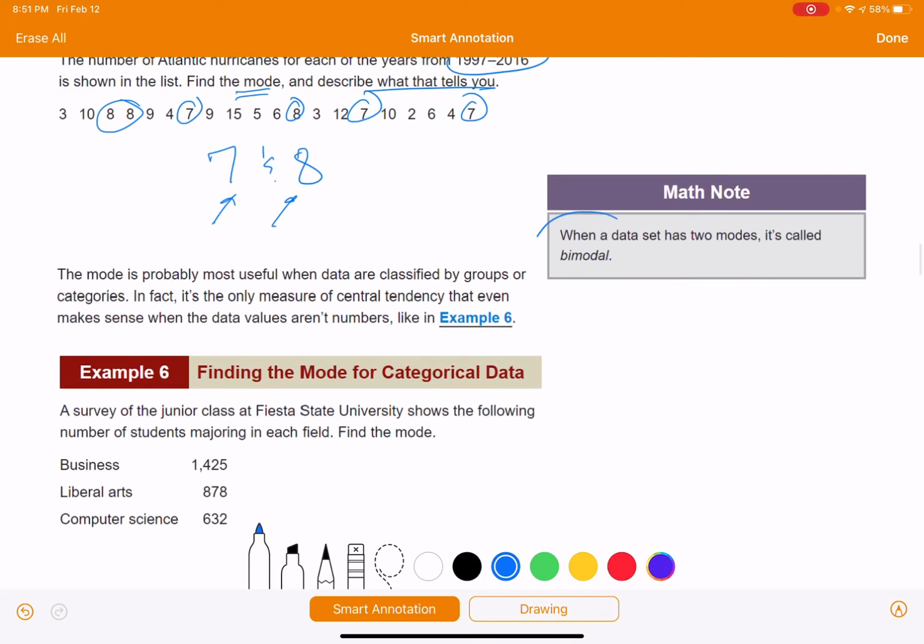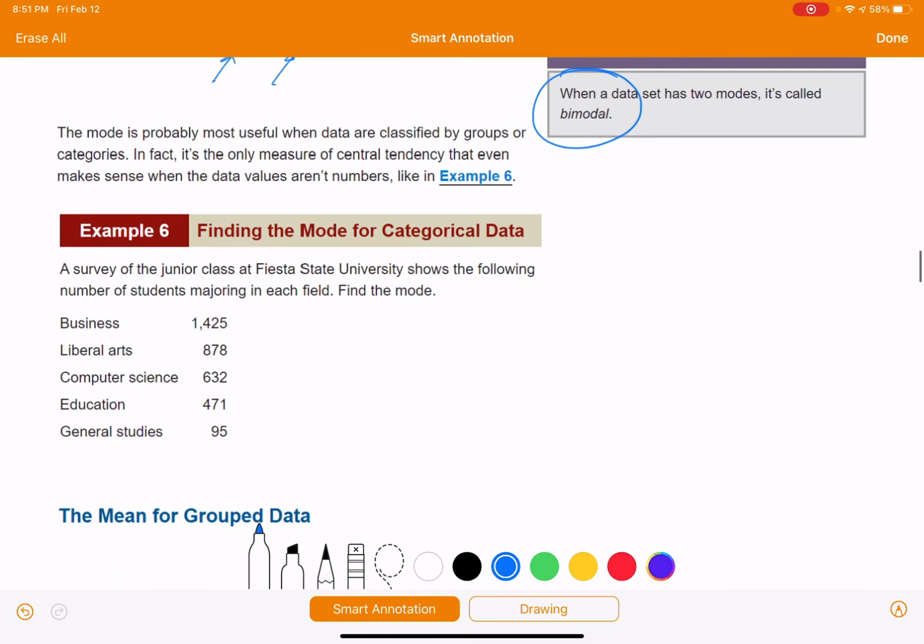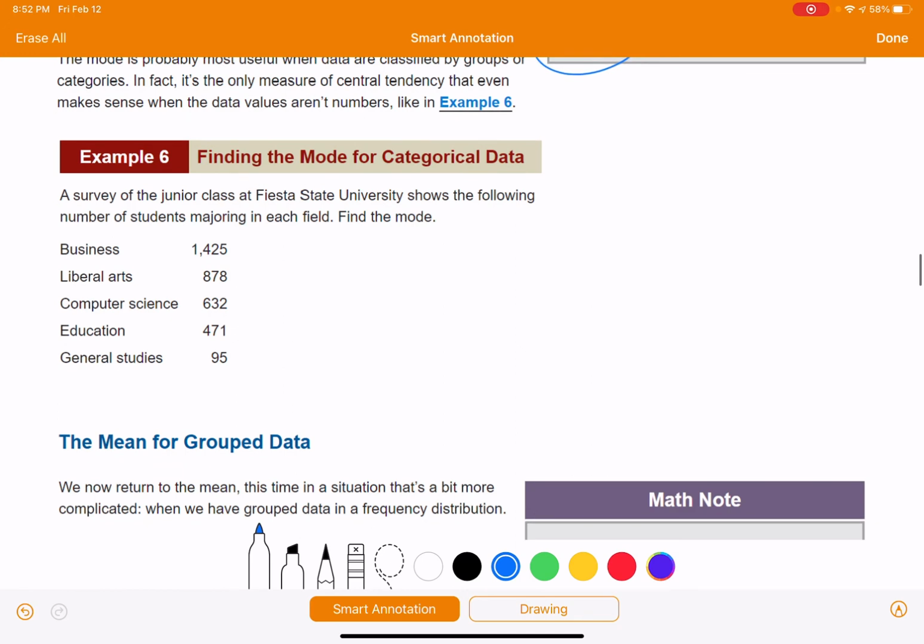All right, so we already talked about this being bimodal. The mode is probably most useful when data are classified by groups or categories. In fact, it's the only measure of central tendency that even makes sense when the data values aren't numbers. For example, in example 6, a survey of the junior class at Fiesta State University shows the following number of students majoring in each field. Find the mode. Well, we're not looking for business to show up more than once.